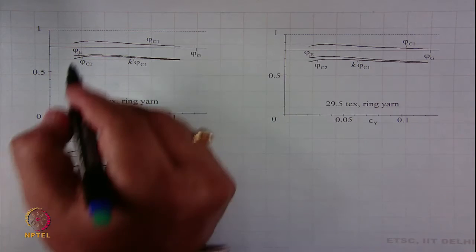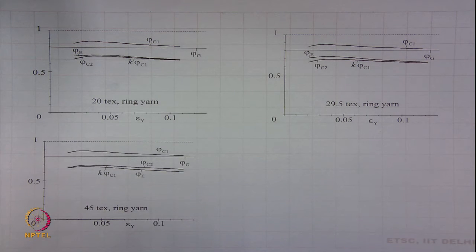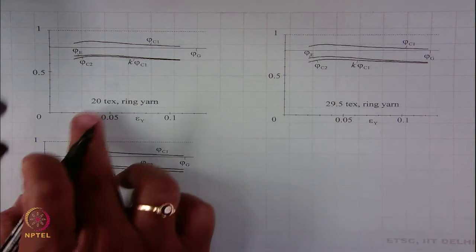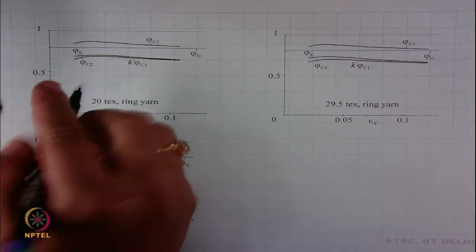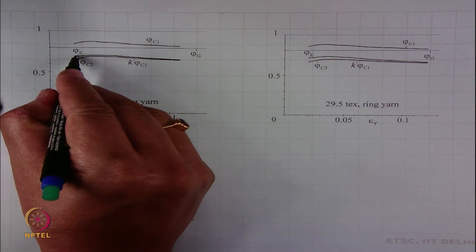Now, phi subscript e stands for the experimental data. So, for 20 ticks this is the behavior of phi subscript e.